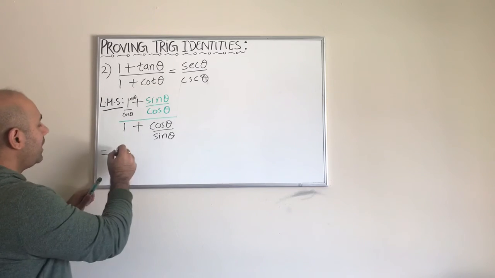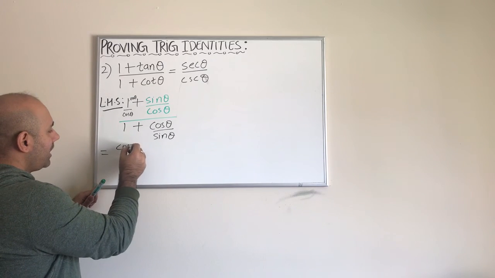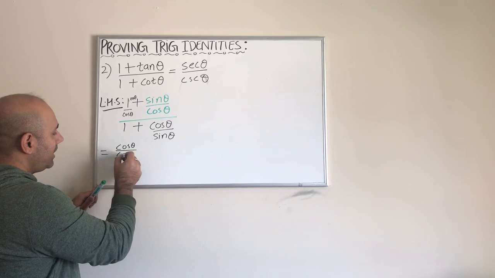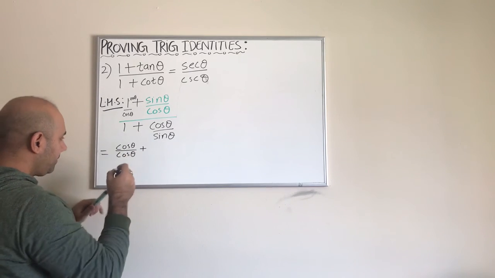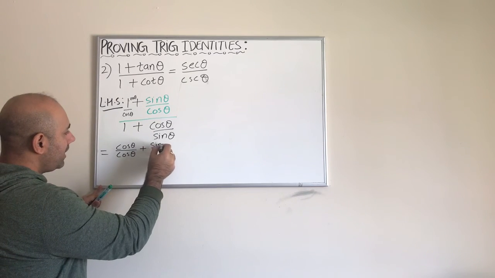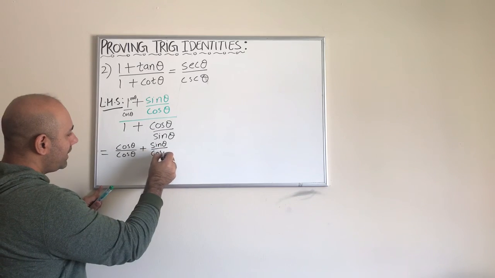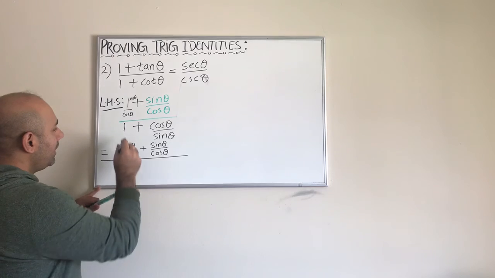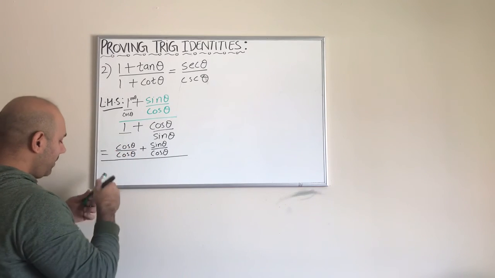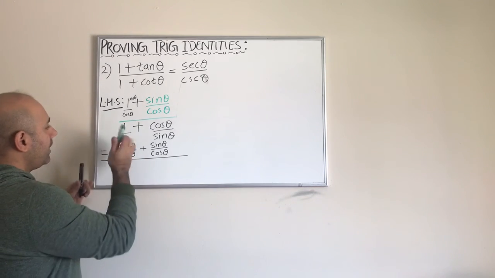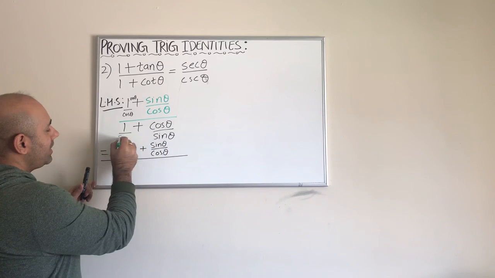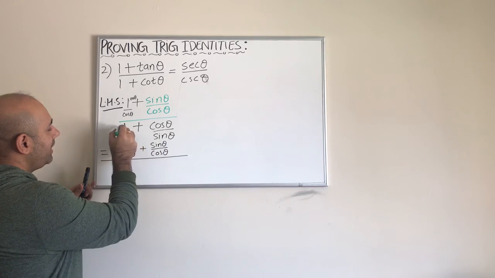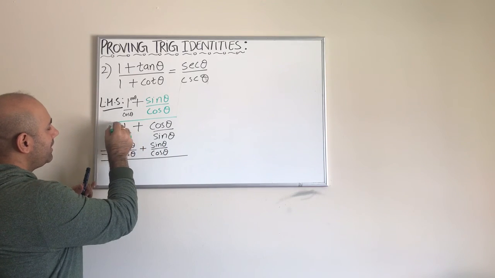Okay, so it's going to look like this: cosine theta over cosine theta plus sine theta over cosine theta, and then this whole thing is divided by, guys, same thing here, I've got to multiply and divide by, here I want to create a sine theta, so I'm going to have a sine theta here and multiply this by sine theta.